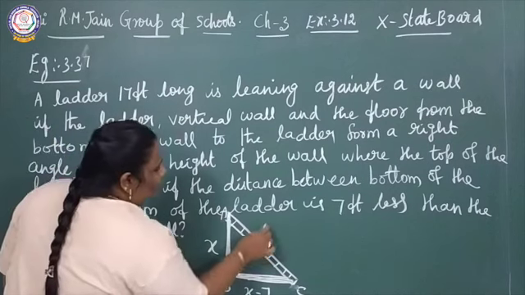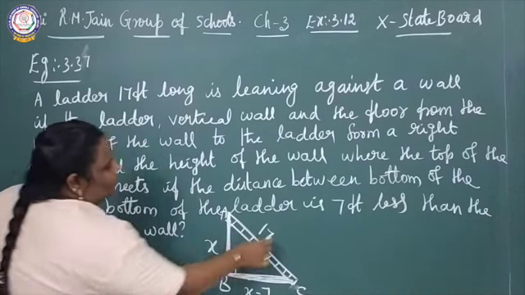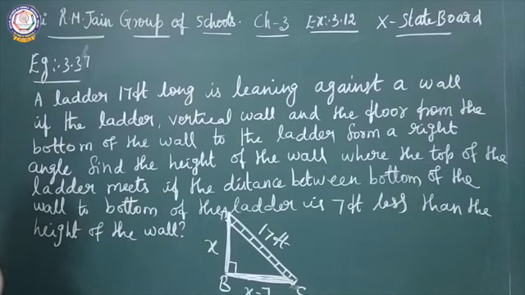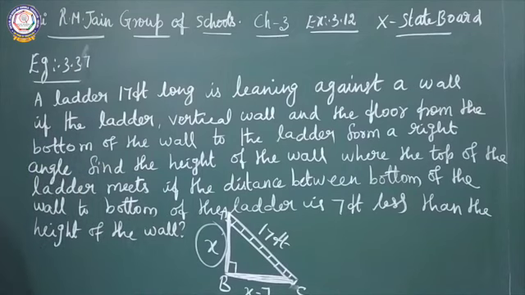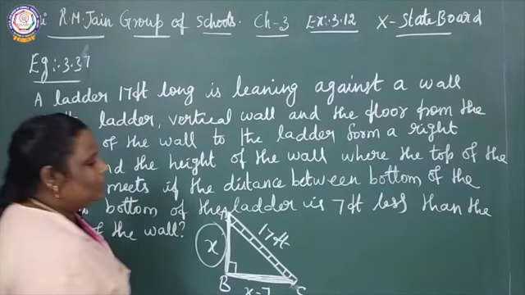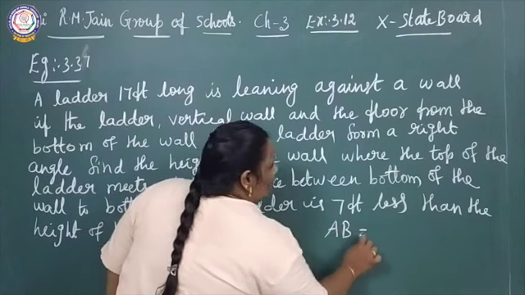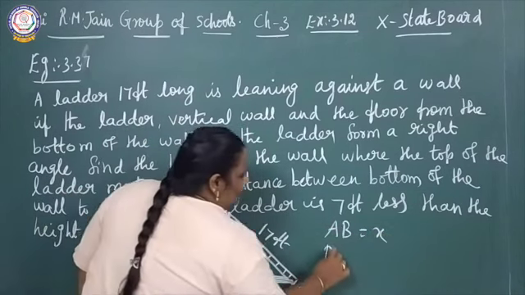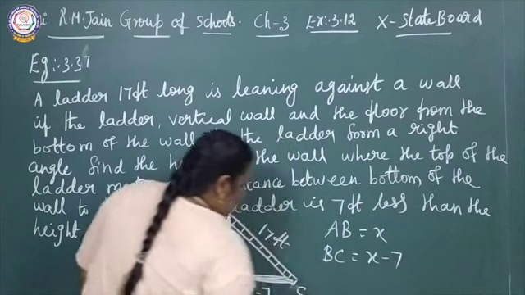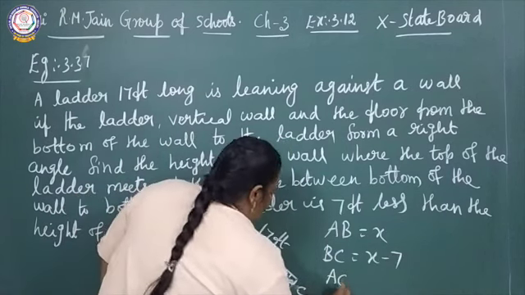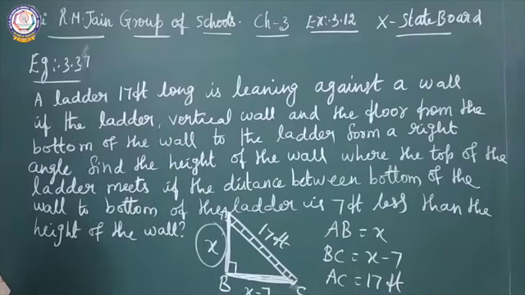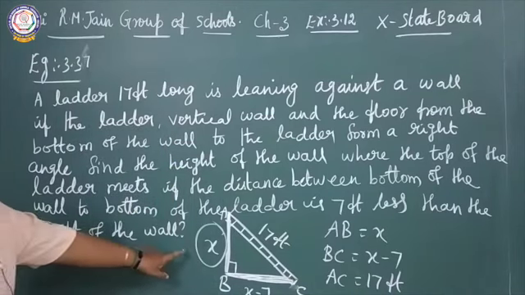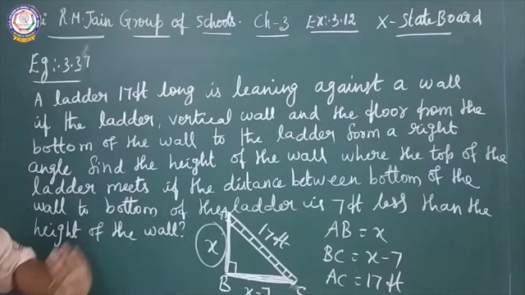The ladder is 17 feet long. So AB equal to x, BC equal to x minus 7, and AC equal to 17 feet. Let x be the height of the wall.